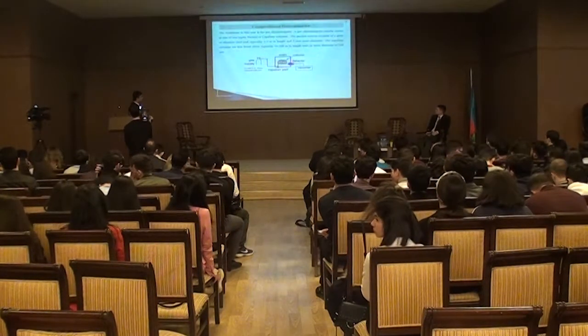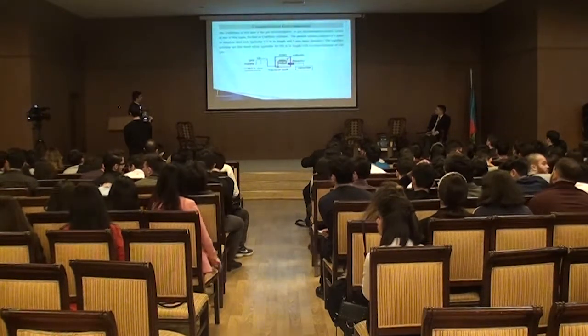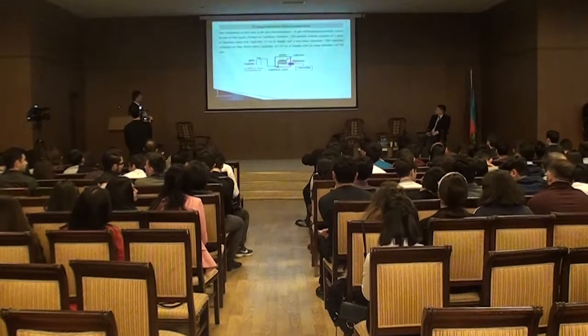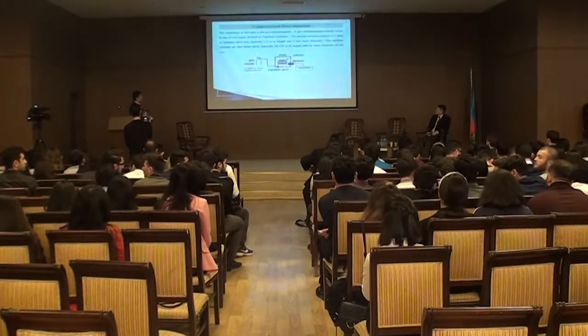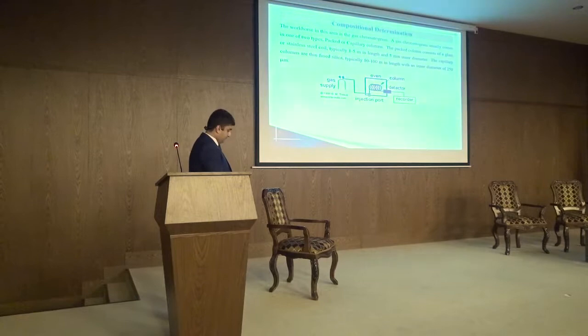And here detector, there is two type detectors in PVT tests, flame ionization detectors, and second one, thermal conductivity detectors. Mainly for reservoir fluids we use thermal conductivity detectors. Here we define, for example, percentage of methane, ethane, propane, and so on, benzene, and other components.